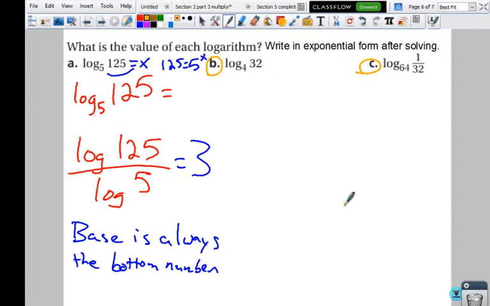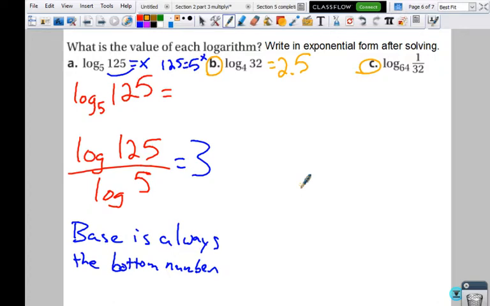Elena, what do you get for B? 1.5. All right, Devin, what do you get for C? I get negative 0.83. Let's plug it in.